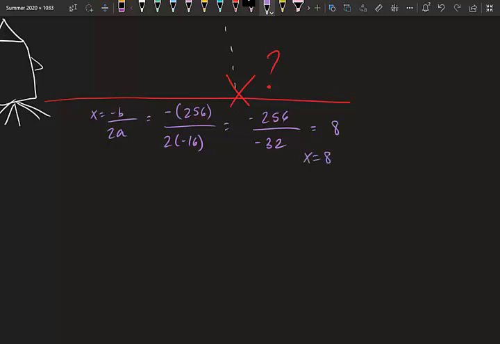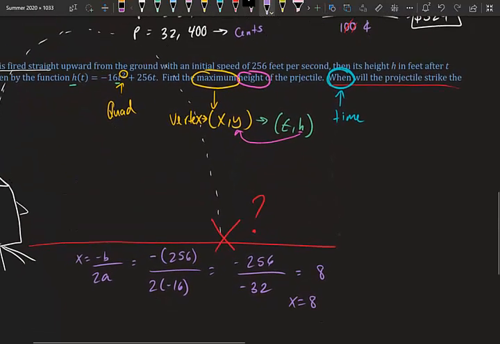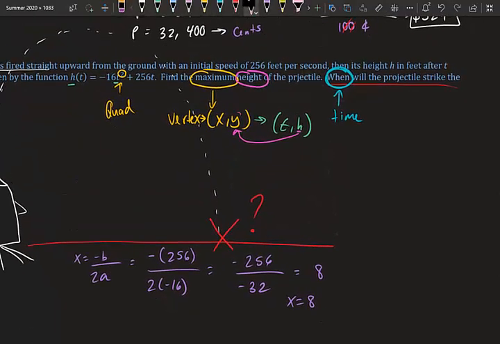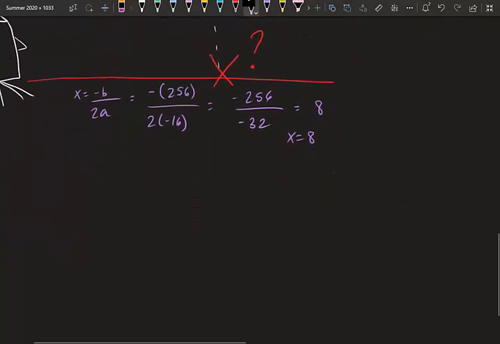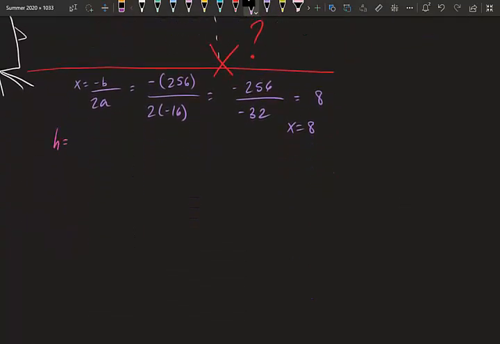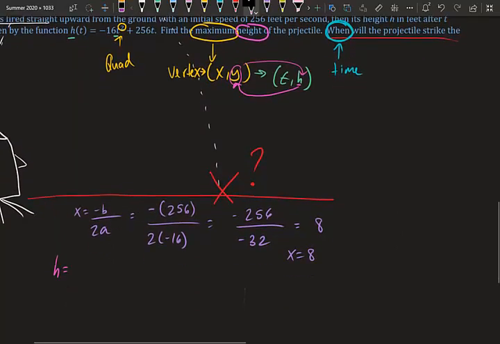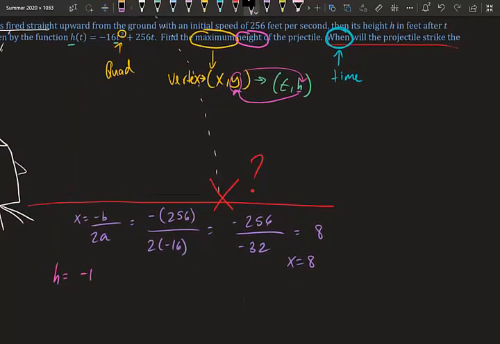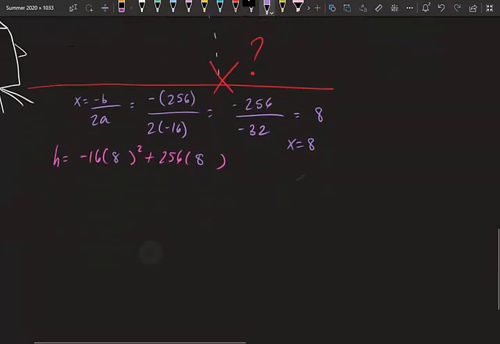X is 8. Now, to find the y of the vertex, or in this case, the h of the vertex, we're going to plug it into the quadratic that they gave us. So we have negative 16t squared plus 256t, and the t is 8. So let's simplify.